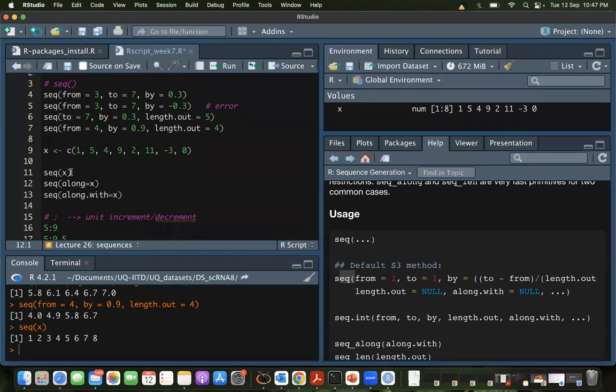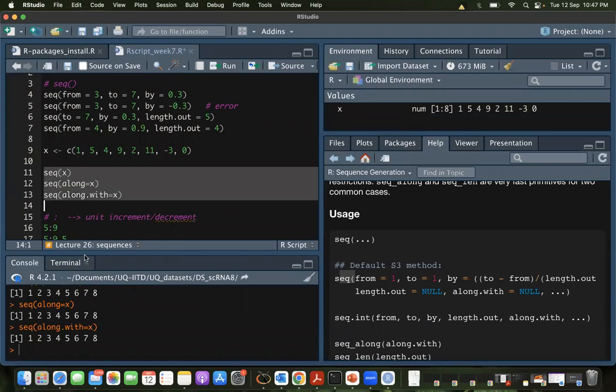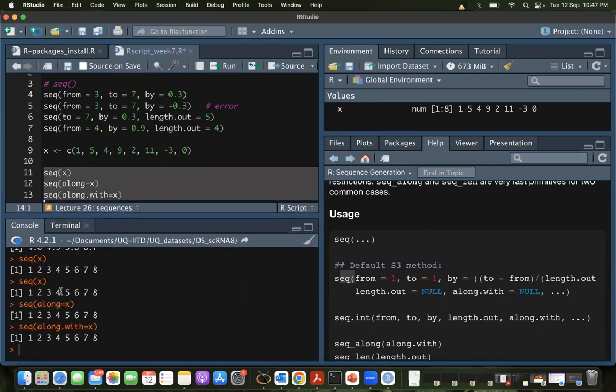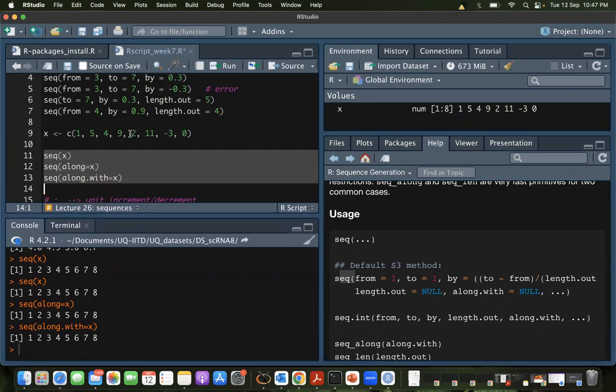It's a relatively simpler sequence: 1, 2, 3, 4, 5, 6, 7, 8. So when you're defining the sequence of a data vector, it is nothing but its positions. A vector is defined by its positions. Any of these three things that you see here are all going to give us the same answer. So sequence along a vector gives its indices.